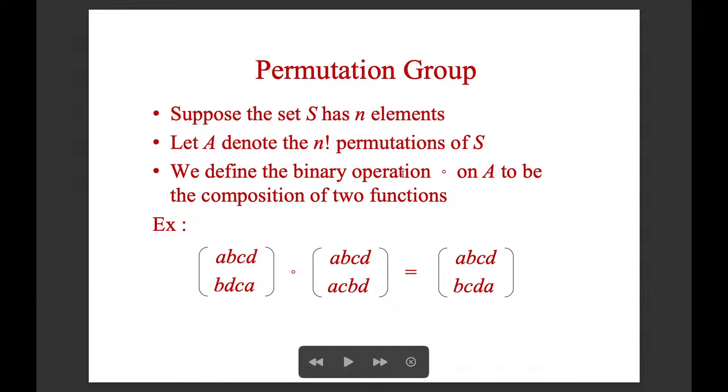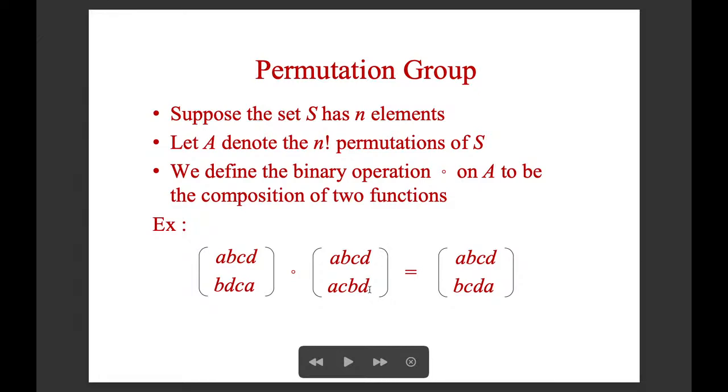Now, because a permutation can be thought of as a function, we can naturally use the binary operation, this dot, to represent the composition of two permutations. Here is an example. We have some function f, and then a dot, and then a function g, f dot g. What does that mean?